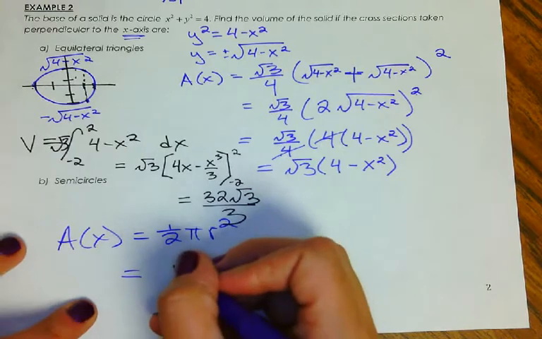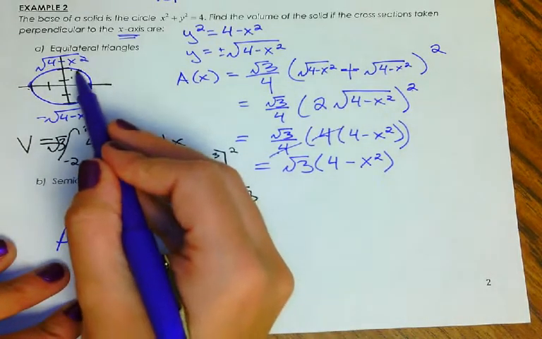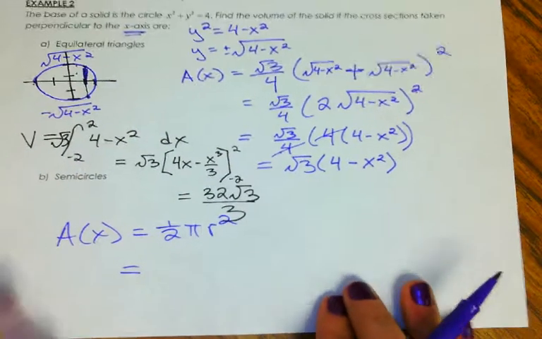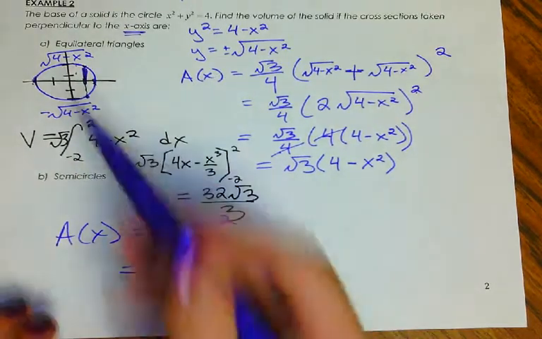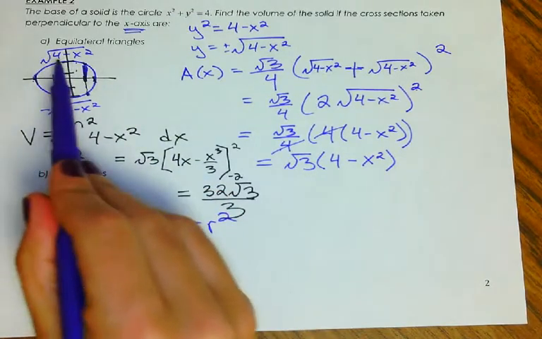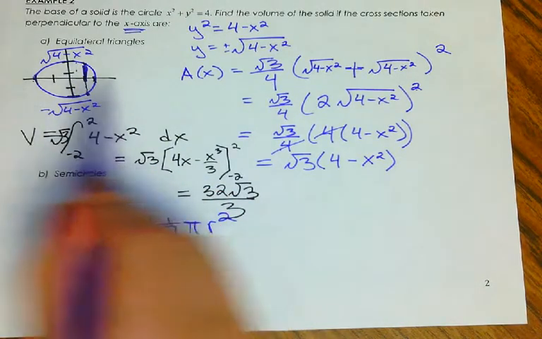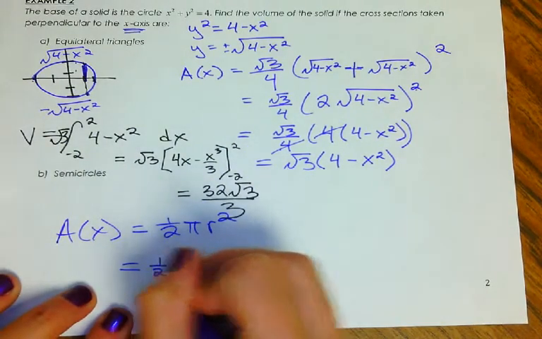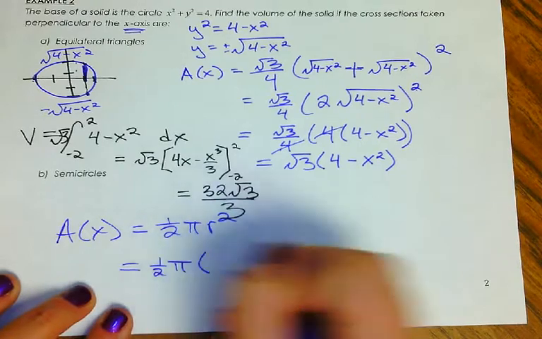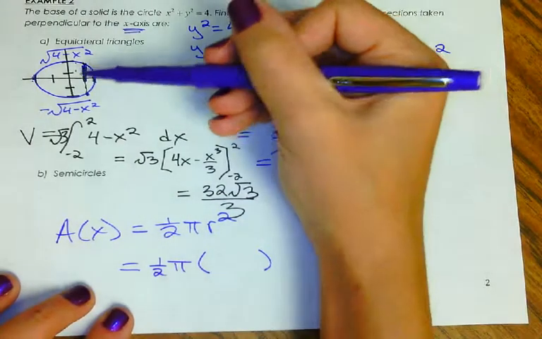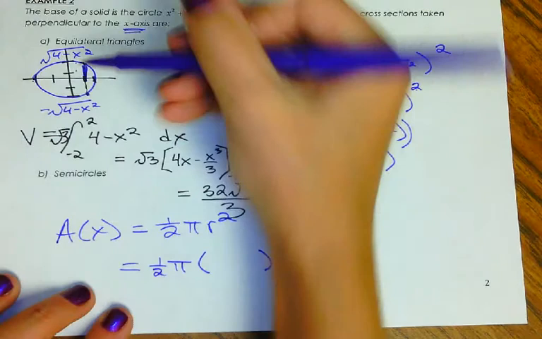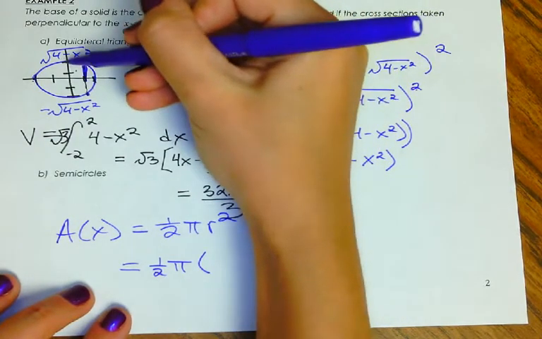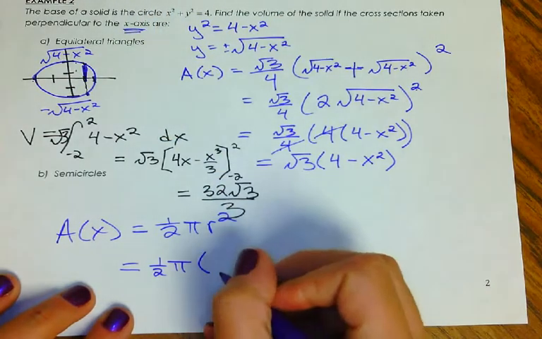Look at your picture. The radius is going to be this top curve, the square root of 4 minus x squared, minus 0. So that actually is a little easier on this one. You've got 1/2 pi, and that radius is going to be changing, because the semicircle that fits right here is going to be significantly smaller than the one that goes right across the middle.